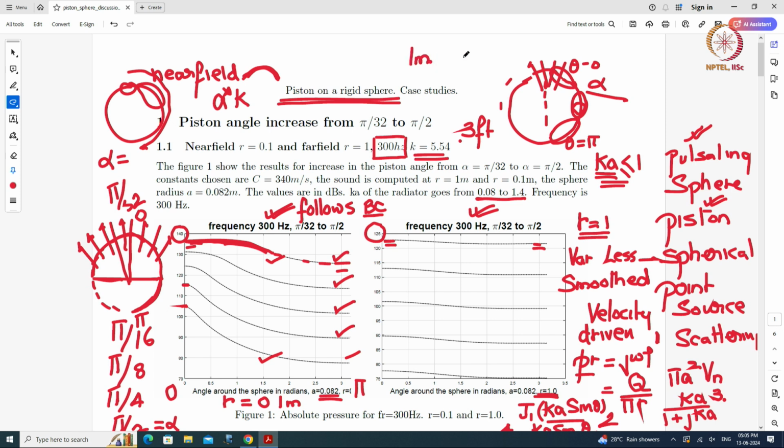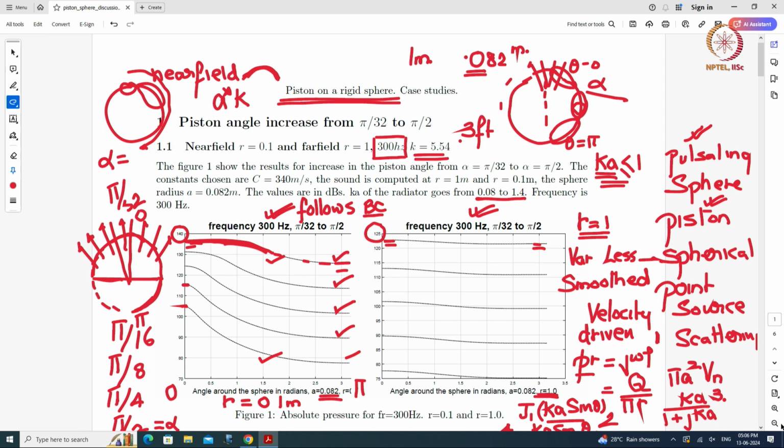And the radius of the sphere is 0.082 meters. So you can see the wavelength is much larger than the radiator, and so the radiator has difficulty, so it behaves like a monopole.